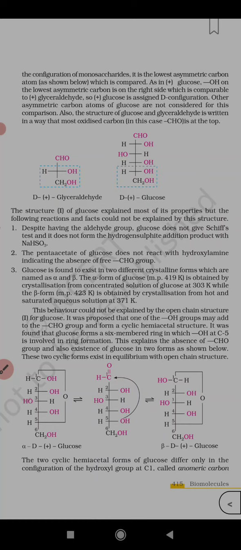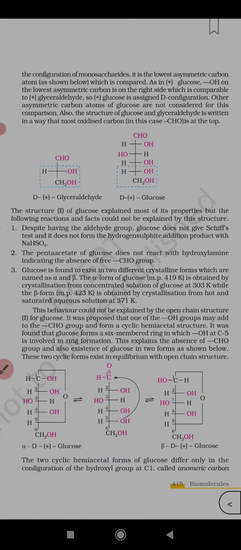The two cyclic hemiacetal forms of glucose differ only in the configuration of the hydroxyl group at C1 carbon, called the anomeric carbon.